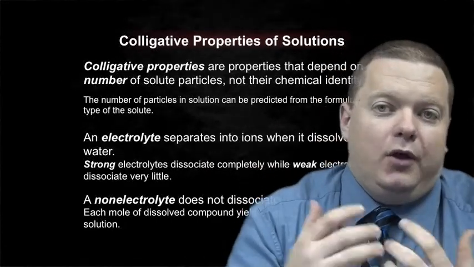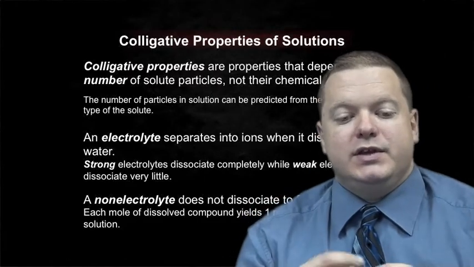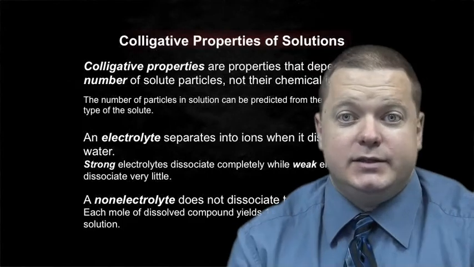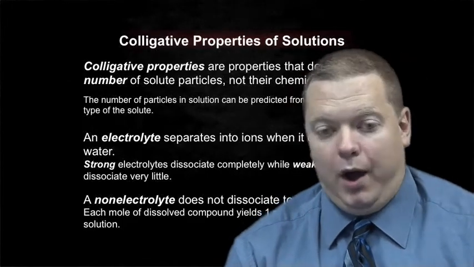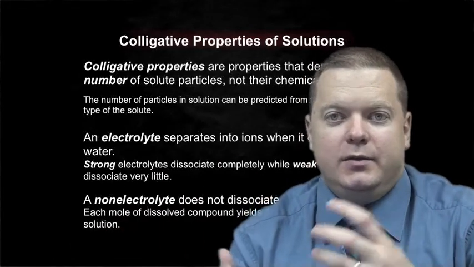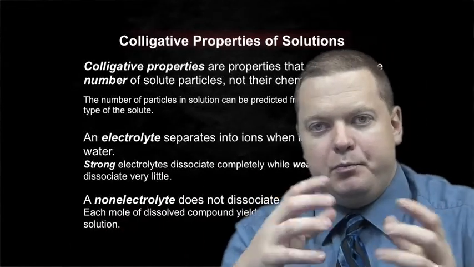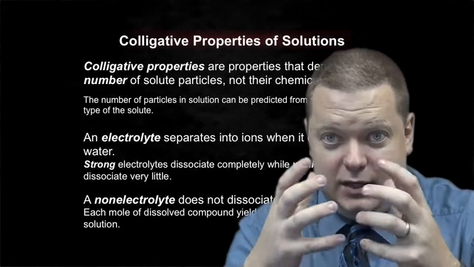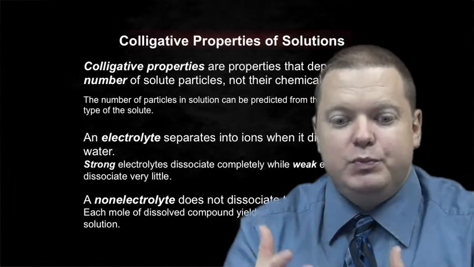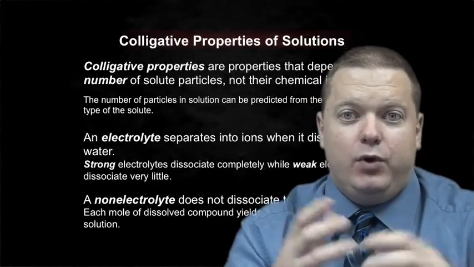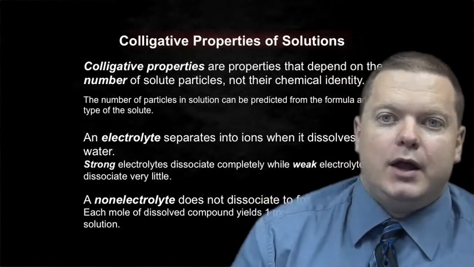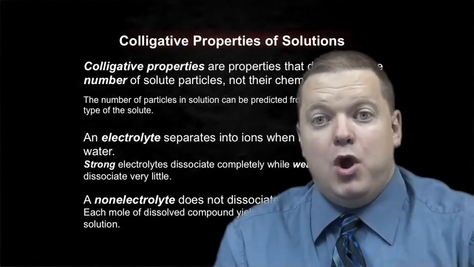We can also remember the weak electrolytes, those things that dissociate only a little bit. If we put acetic acid into water, part of that acetic acid forms the acetate ion, part of it forms the H+, but a portion of it stays together as the acetic acid compound. This would be a weak electrolyte. So we're not forming as many ions, as opposed to a non-electrolyte, which forms no ions in solution.